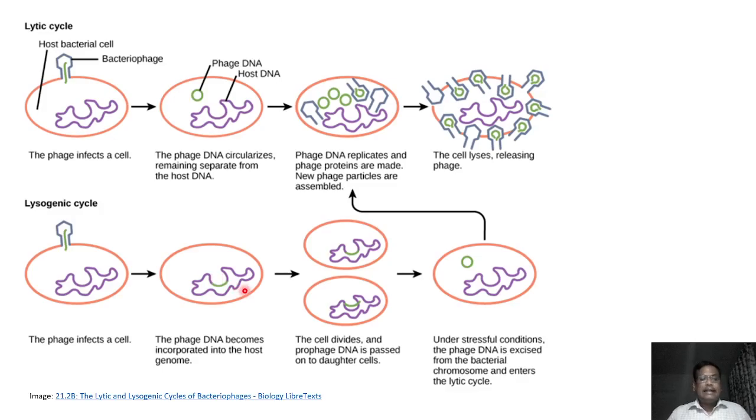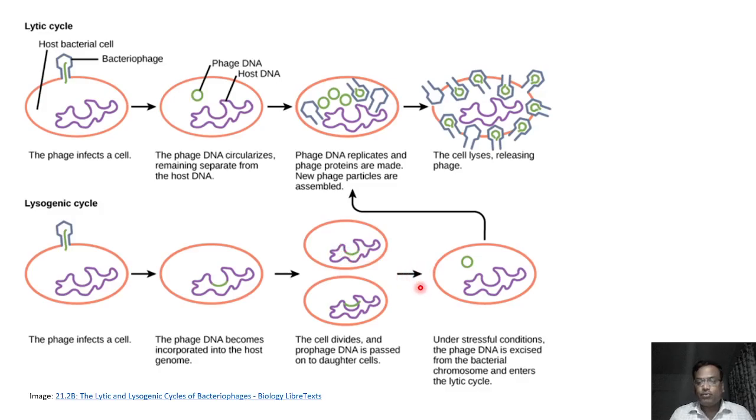Since it is latent, it is not destroying the cell, we call it the lysogenic cycle, right? So the phages are not being formed, and after many cycles, just imagine one bacteria is infected and multiplication continues. When thousands of bacteria are formed, each bacteria is having the phage DNA.